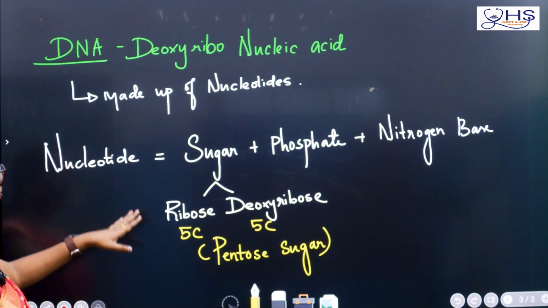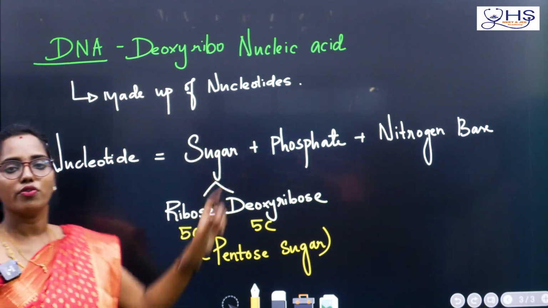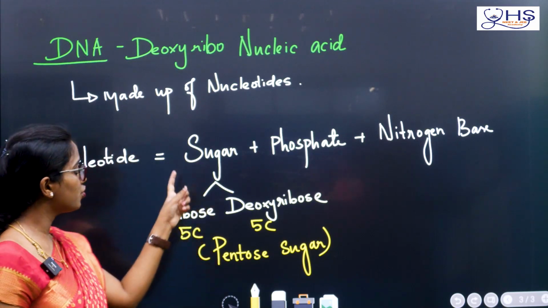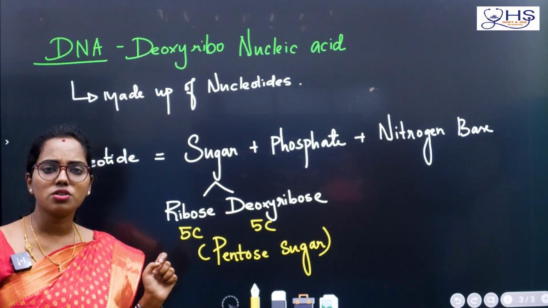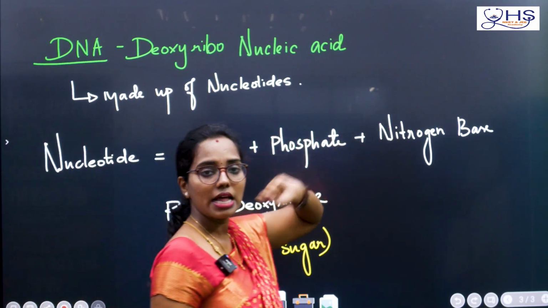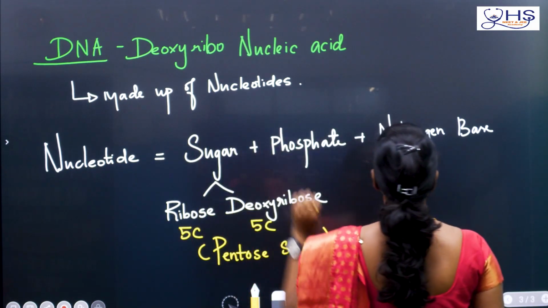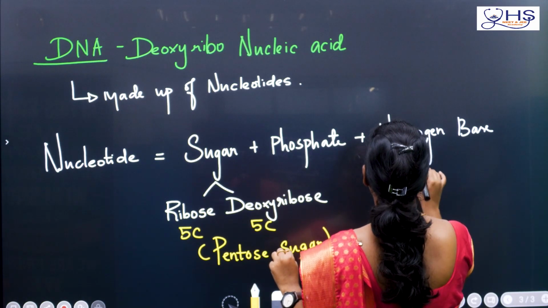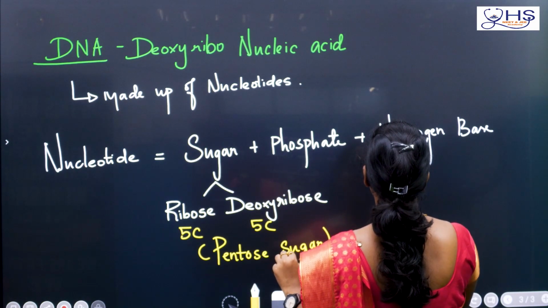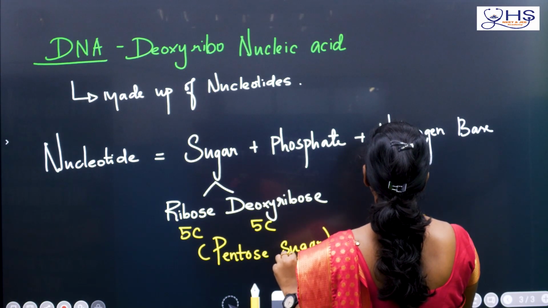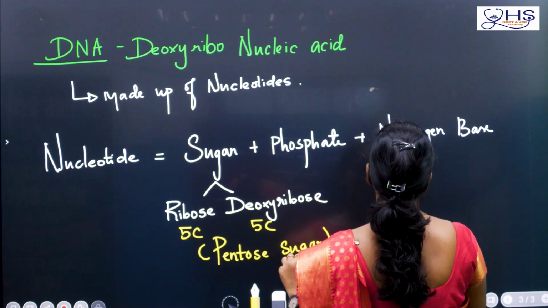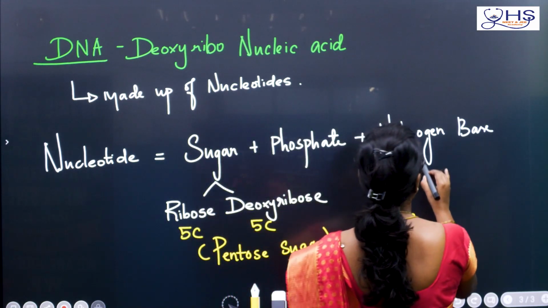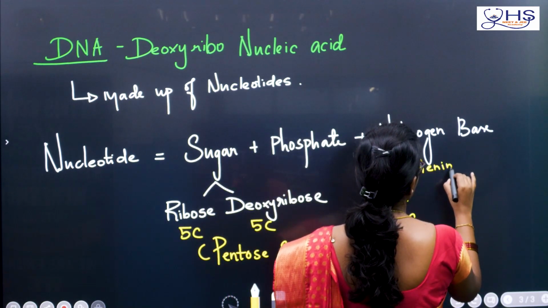Now we understood the DNA is made up of nucleotides and the nucleotides can be simply broken down into sugar plus phosphate plus nitrogen base. If you have a doubt about what this nitrogen base is, there are 4 types of nitrogen bases present in DNA: adenine, thymine, cytosine and guanine. These are all the 4 nitrogen bases.